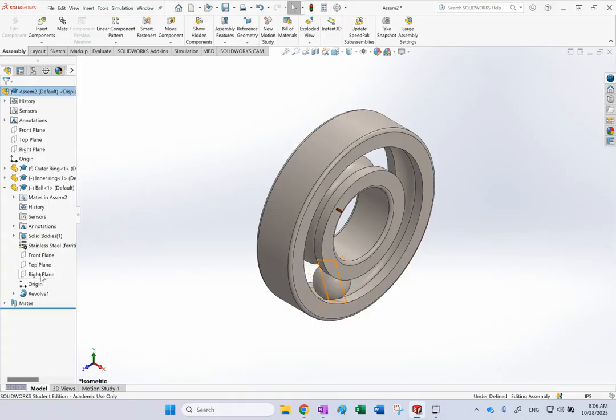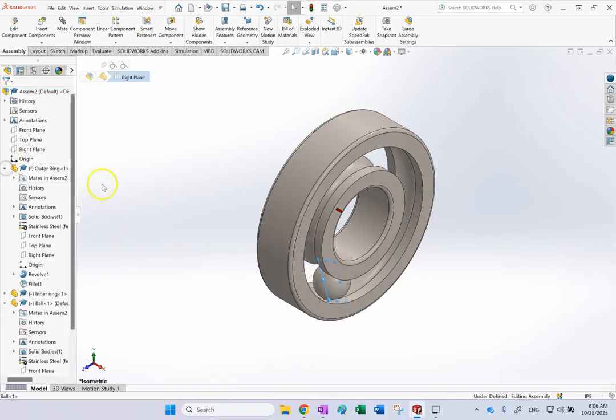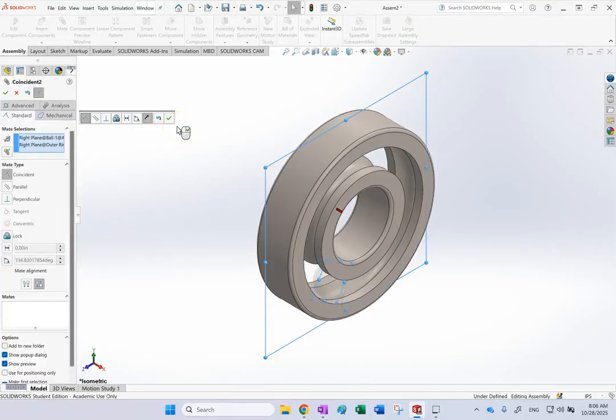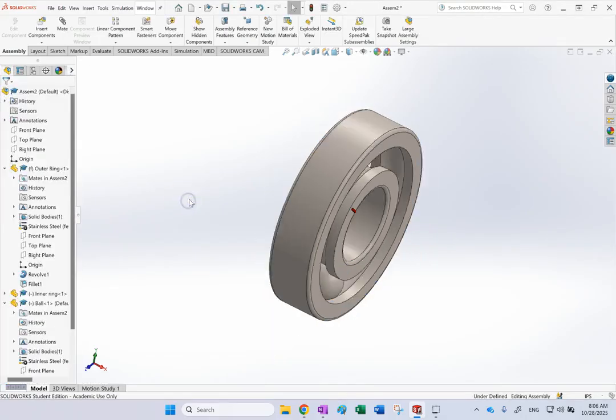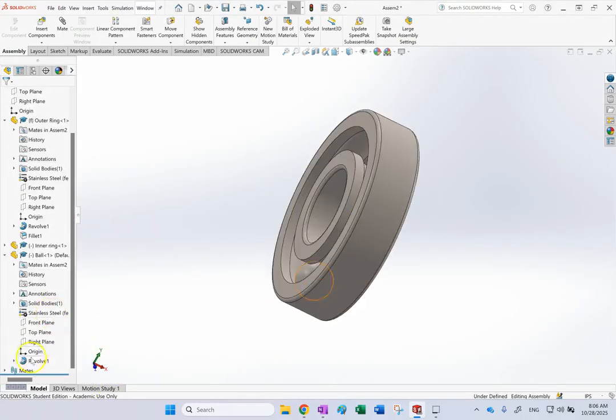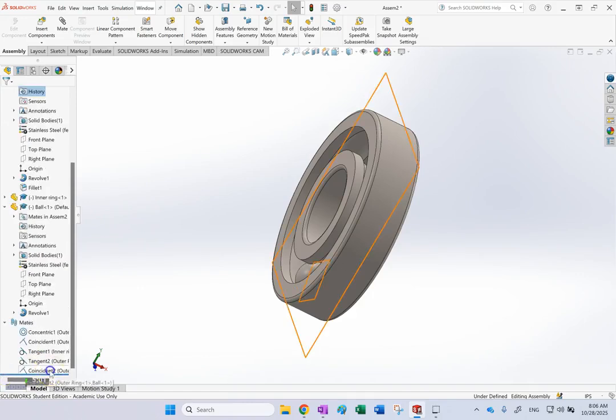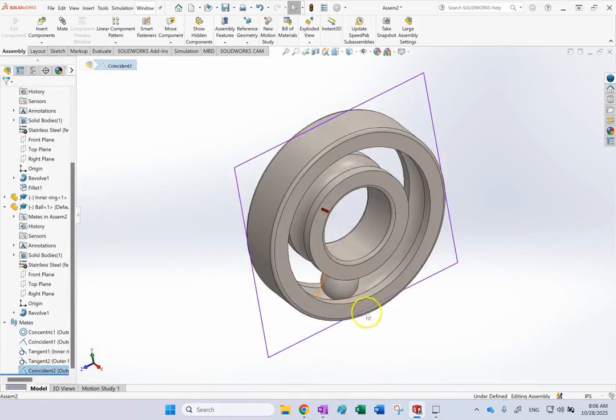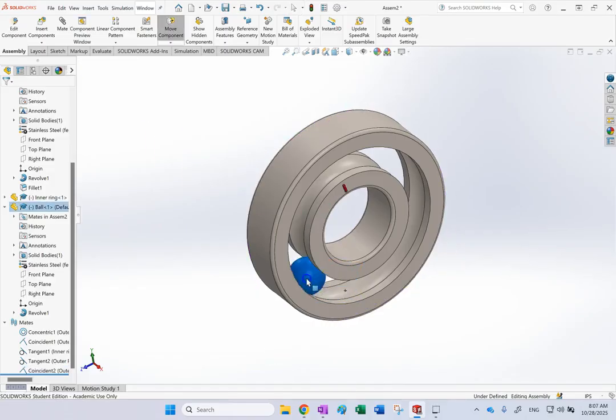Let's say I take the right plane of this ball, and I take the right plane of the outer ring, which is fixed, and I force them to be coincident. This way, you can see that the ball can only spin about its own x-axis, and you cannot do anything else.